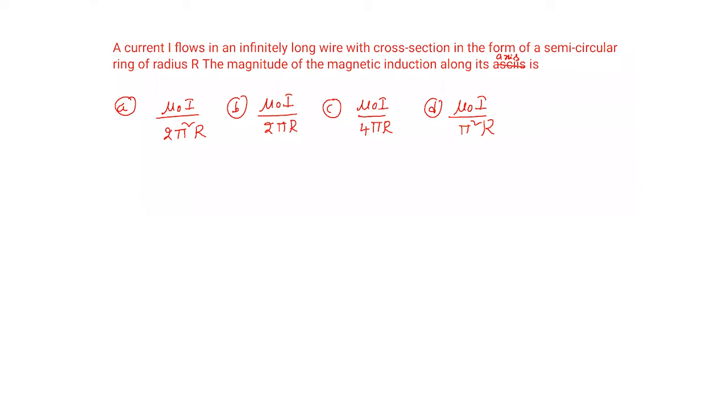See, the gyromagnetic ratio is nothing but magnetic moment by angular momentum. But here it is not magnetic field. Magnetic field is different, magnetic moment is different. There they are asking only magnetic field, not magnetic moment. Yes, that's why you have not used it.